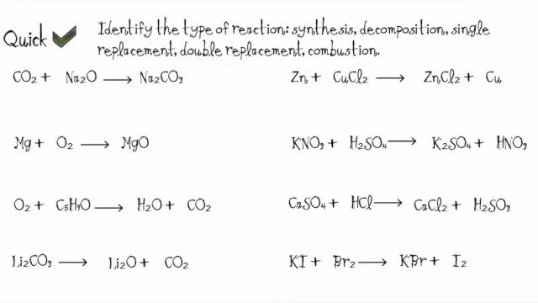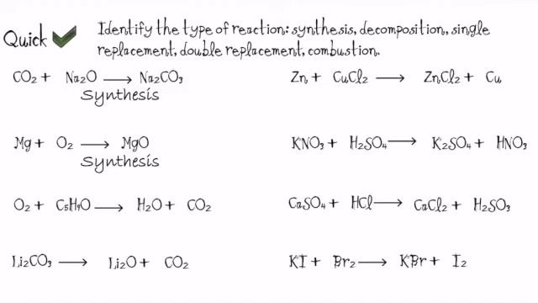So identify the types of reaction as synthesis, decomposition, single replacement, double replacement, or combustion. The first one is synthesis. The next one, we have two reactants and only one product. So that's synthesis.